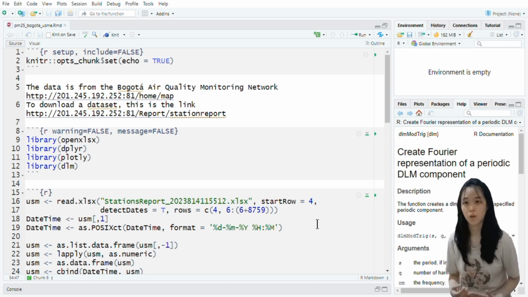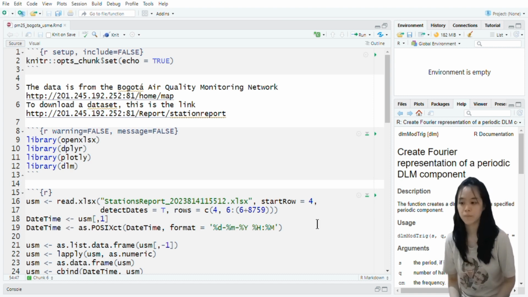PM 2.5 can now be measured using sensors located in certain locations. There are many organizations throughout the world which organize this. They usually plan the location for each sensor, and they also manage the data collected from these sensors.